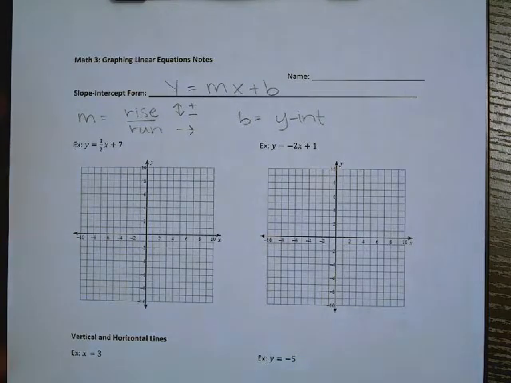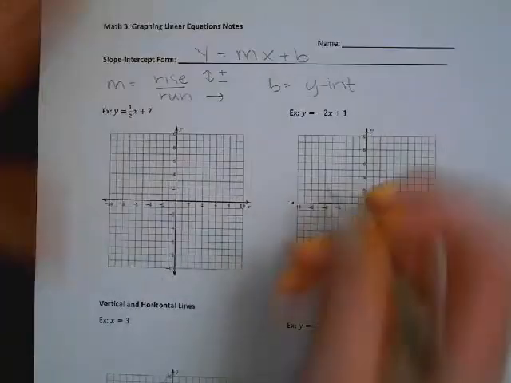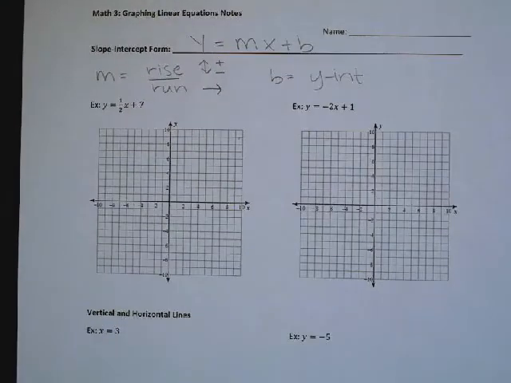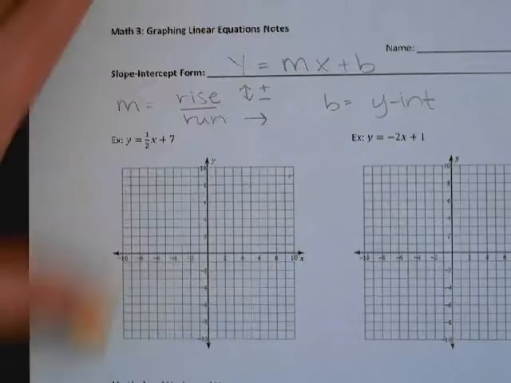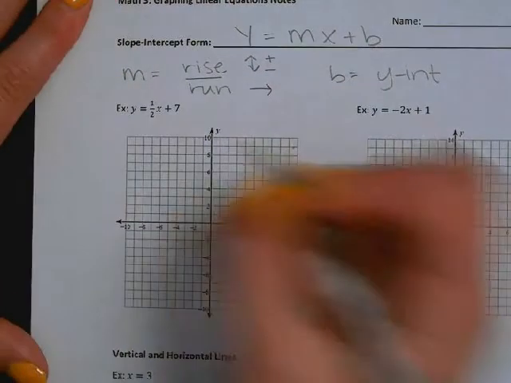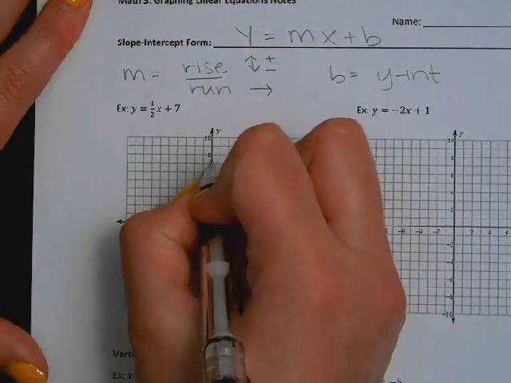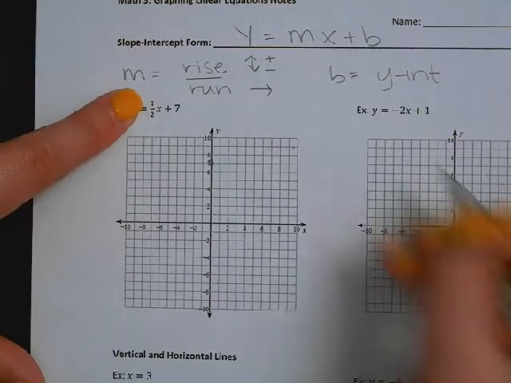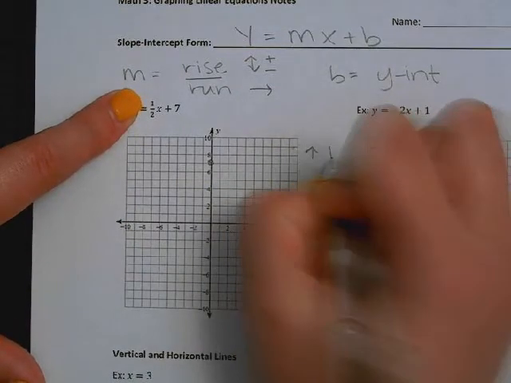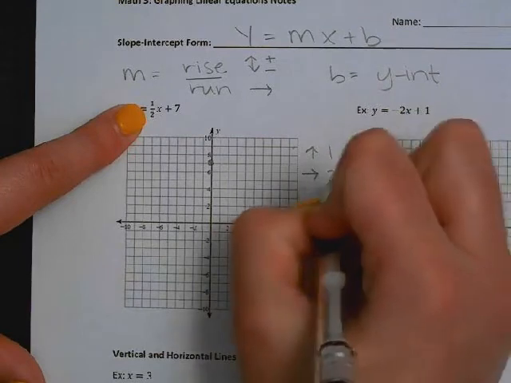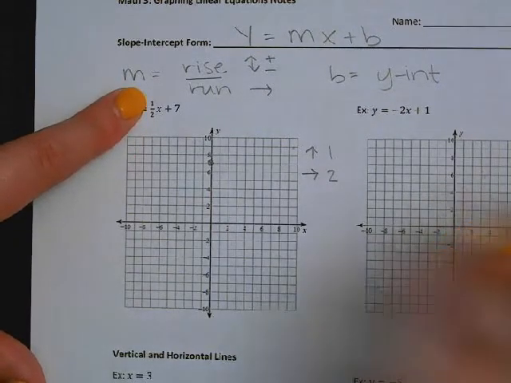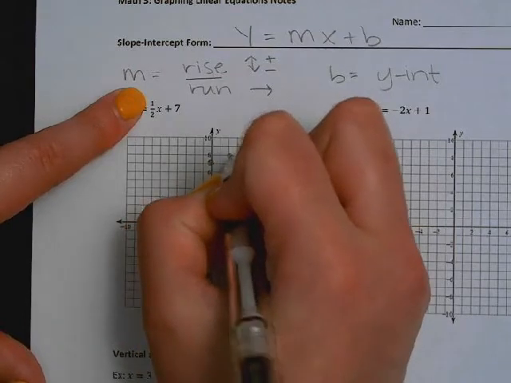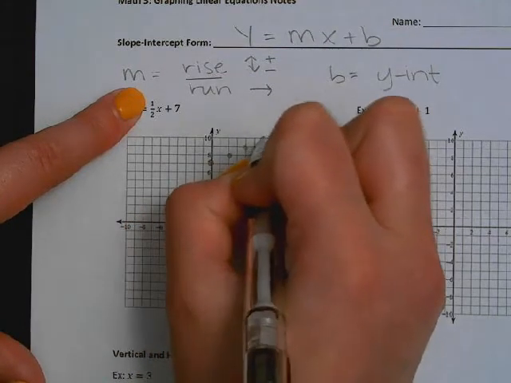All right, so for the first example, we have y equals 1/2 x plus 7, so that means we have a y-intercept of 7. From there, we're going to rise 1 and run 2. You'll notice that I said we're going up because the number itself is positive. So up 1 over 2, up 1 over 2.